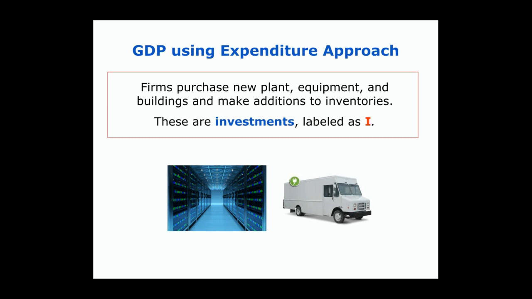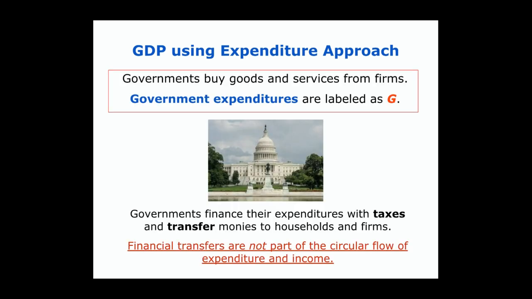This is done by businesses, by firms, for production. So they might make investments in new plants, new equipment, robots, buildings, and all these investments are added up and labeled as I. And then governments also spend money. They buy goods and services. So we can add up all the government expenditures that are made, all the purchases that are done by governments, and label that as G.